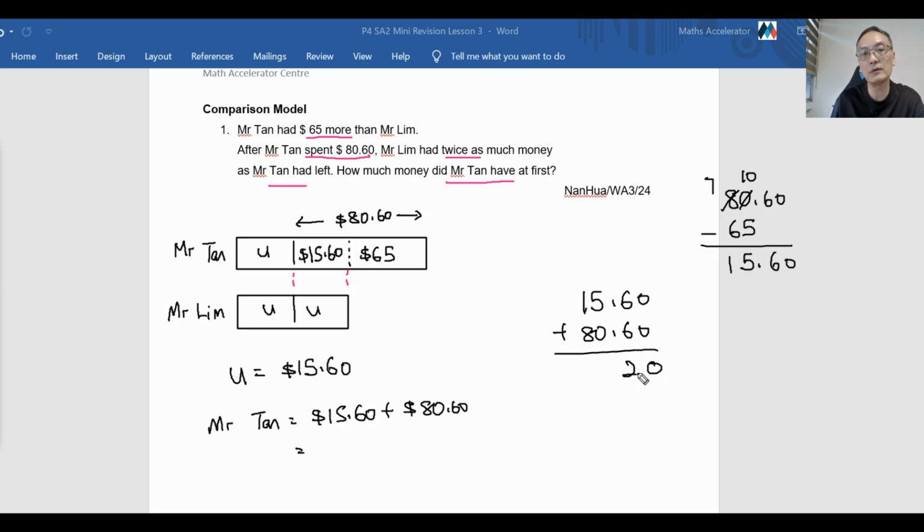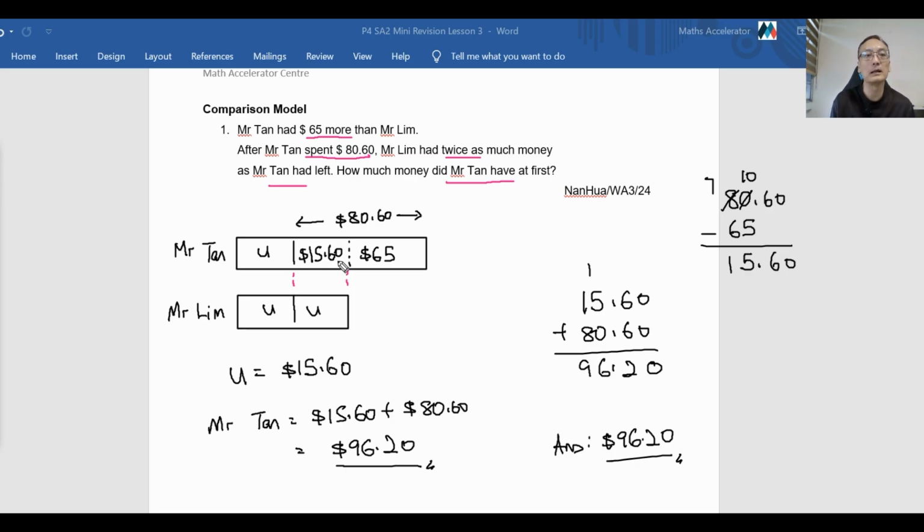Six plus 6 is 12, carry 1. 1 plus 5 is 6. 1 plus 8 is 9. So we have $96.60. I mean $96.20. All right. So this is the amount that Mr. Tan had at first. So we can write here answer $96.20.